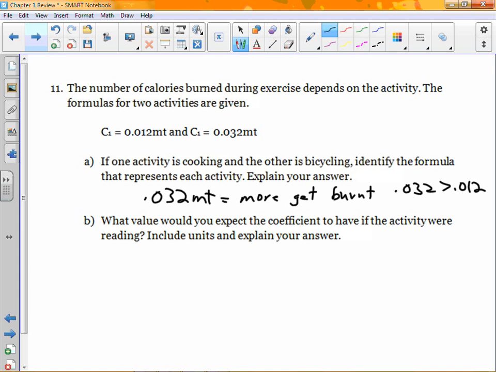What value would you expect the coefficient to have if the activity were reading? Would you expect it to get even bigger? Yeah, it'd be even smaller than what number? 0.012. Is that okay?